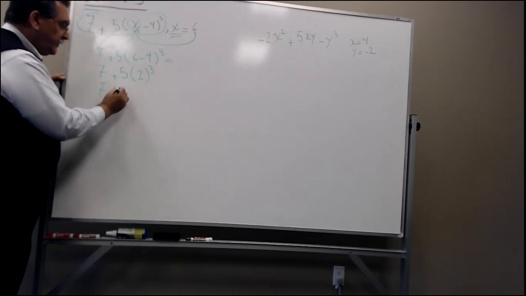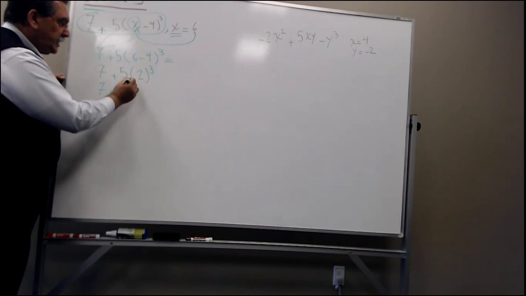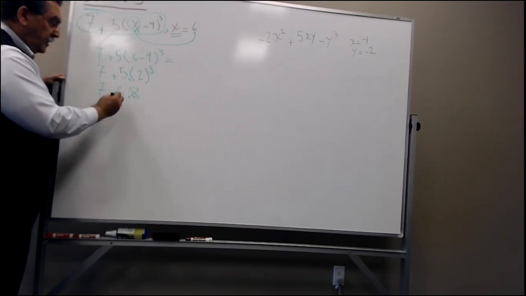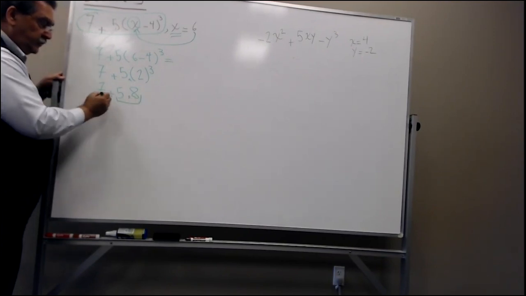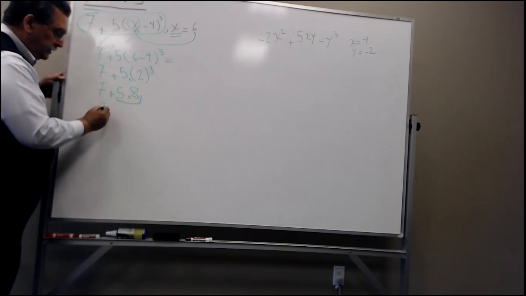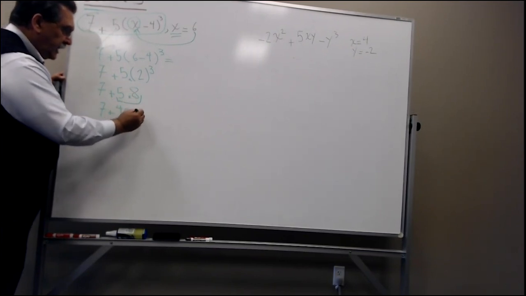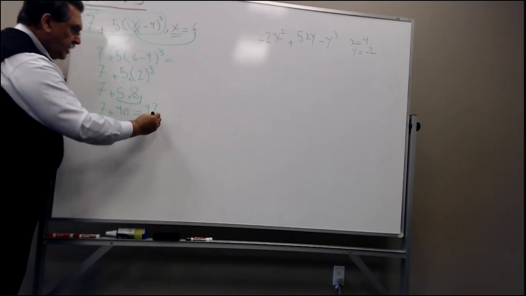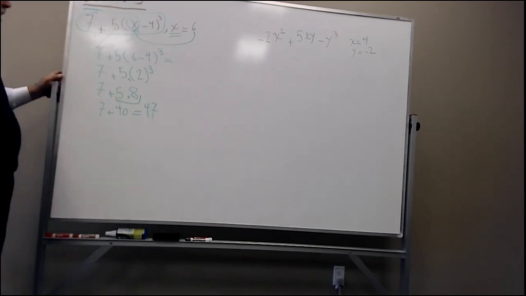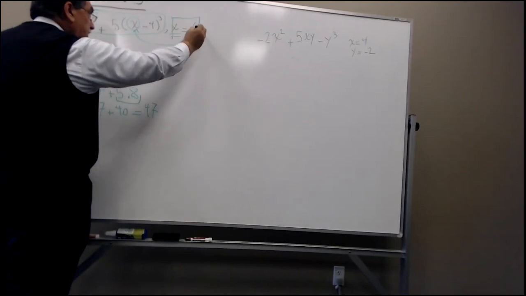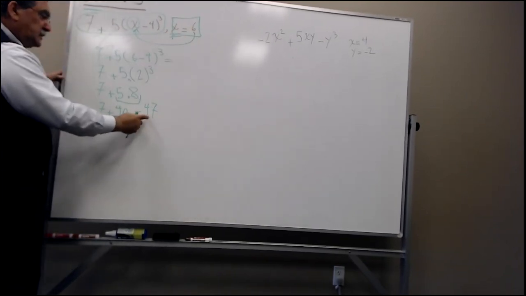So 7 plus 5, 2 to the power of 3 is 8. You have to do this first before you make the addition, okay? So 7 plus 5 times 8, this is 40, so that's 47. So when we say this algebraic expression for the value of x being 6, the answer is 47.